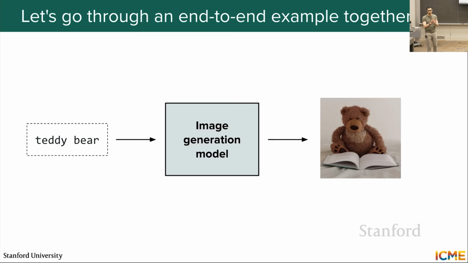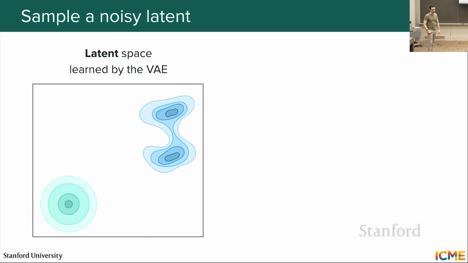And what we want as an output is the image itself, or the generated image, I should say. So in lecture 4, we saw that we have a lot of incentive to do all of this in the latent space because it's more tractable computationally and it's just easier for a model. So what we'll do is we'll take a look at the latent space learned by a VAE that is at our disposal.